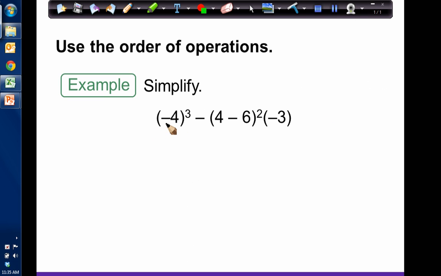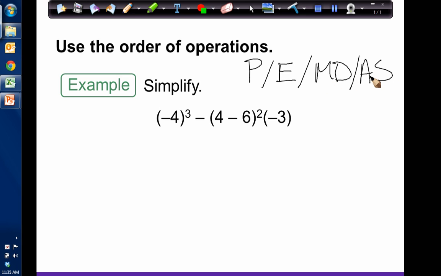We have some exponents in this case, so remember the order of operations: parentheses first, then exponents, multiplication, division, addition, subtraction. So we want to work inside the parentheses first. We have 4 minus 6 inside these parentheses.